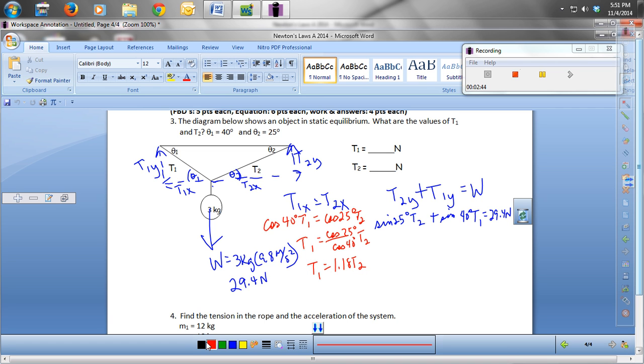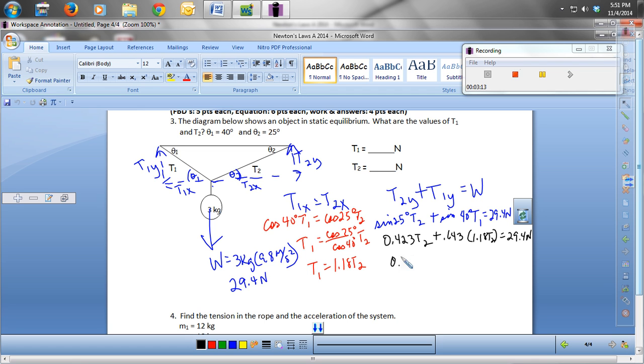So now I'm ready to go back in and plug in to my y values. So the sine of 25 is 0.423, 0.423 T2, plus the sine of 40 is 0.643, and then T1 was 1.18 T2, and those added up to 29.4 newtons.